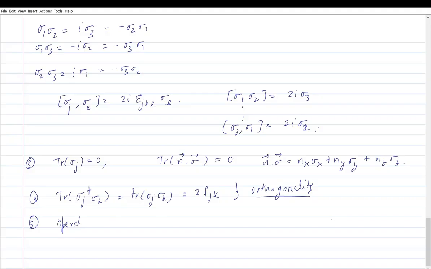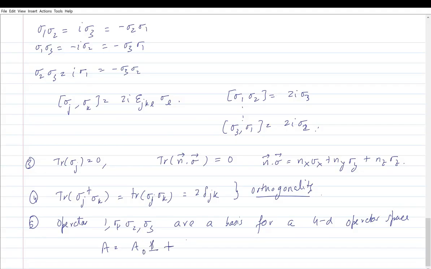The operators identity, sigma 1, sigma 2, sigma 3 form a basis for a four-dimensional operator space, so that any operator can be written as this.